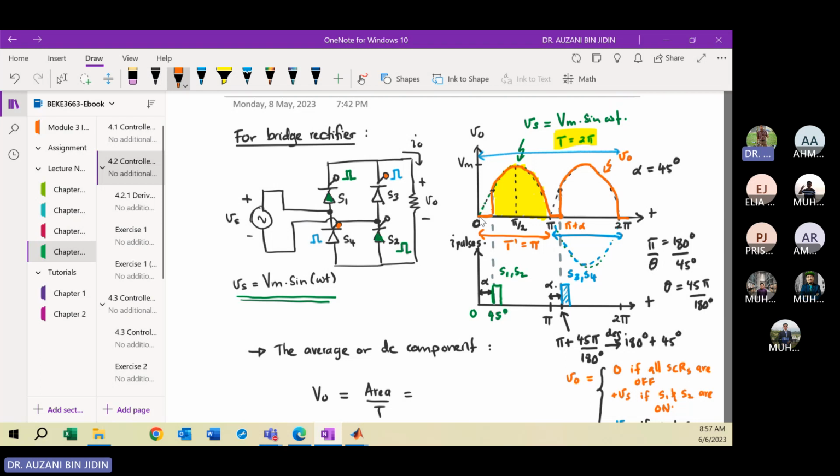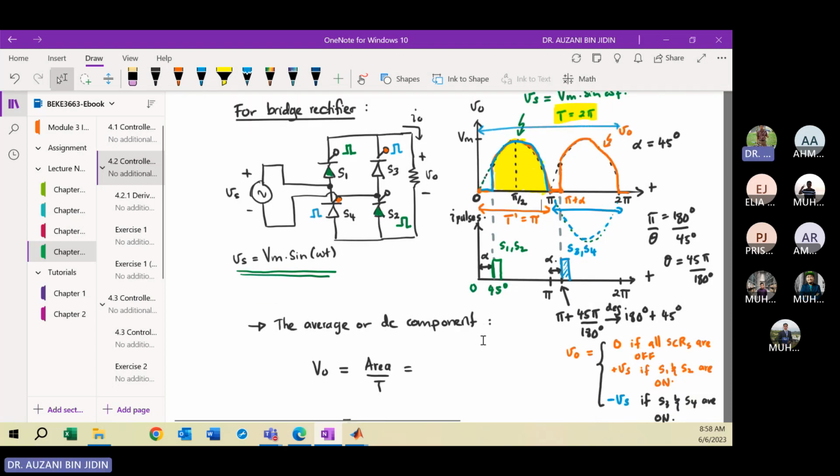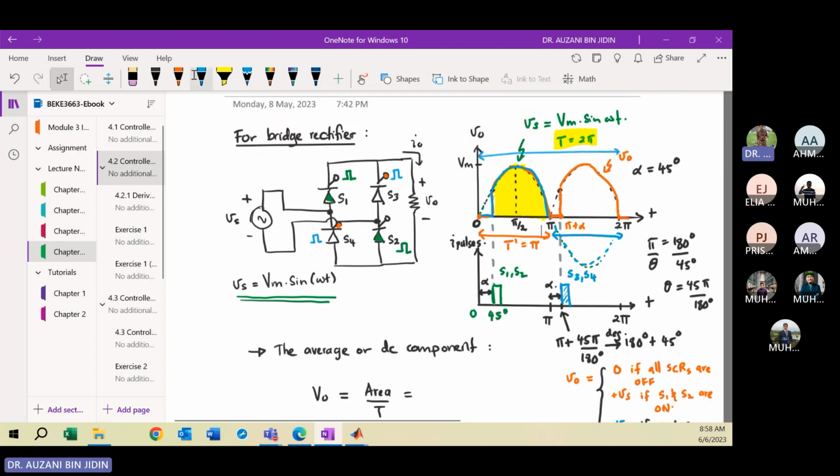Because you can see this cycle will be repeated. One cycle, then this wave shape will be repeated. So we can define the period for the output voltage is pi. It's not 2 pi.